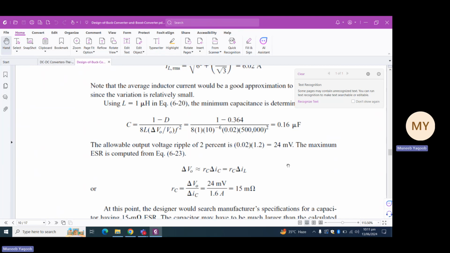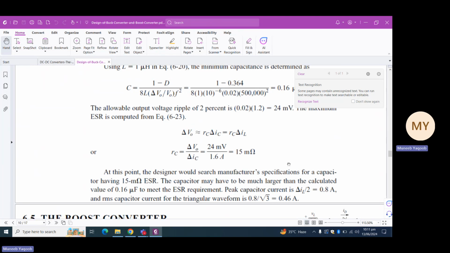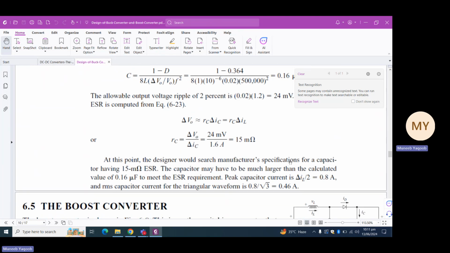The capacitor current for minimum current was 1.6 ampere. Using that, we calculated that RC is the ripple, that is 24 millivolts, divided by 1.6 ampere, and it is 15 milli ohm. So that was all about the design of the buck converter.